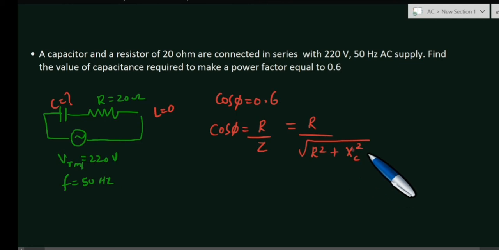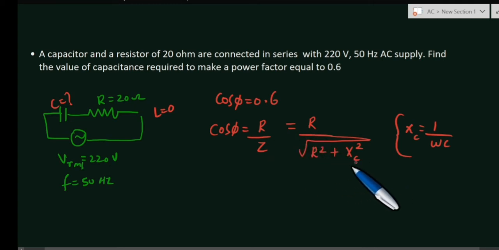In the XC itself we have the value of C, because we know that XC is equal to 1 divided by omega C. So we can calculate the C value. Now we got cos phi is equal to R divided by square root of R square plus XC square.